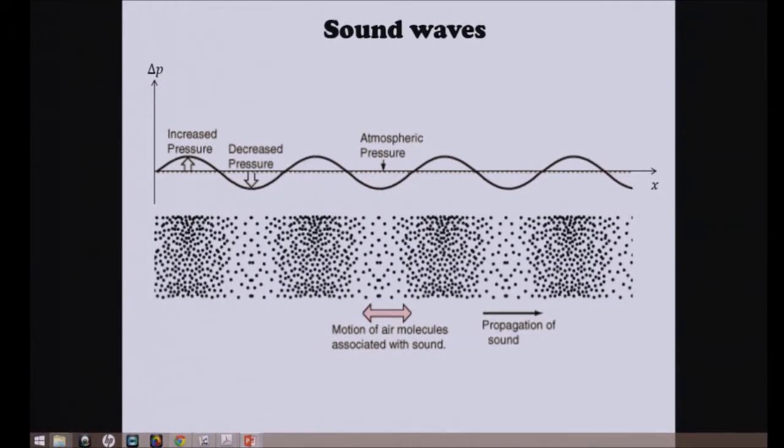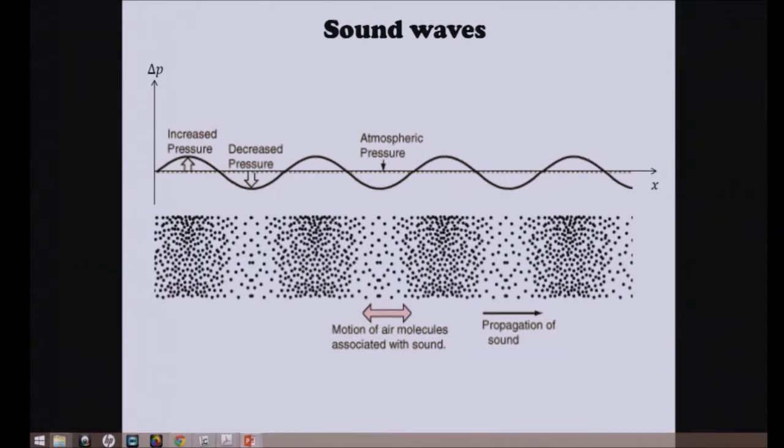You see that the particles are much more compact here. That means they're going to have a much higher pressure. So if we were to plot the pressure here, it would look like an increase. And then right here, the particles are much more dilute, so it could be a lower pressure than, say, atmosphere, and that's going to be a decrease.